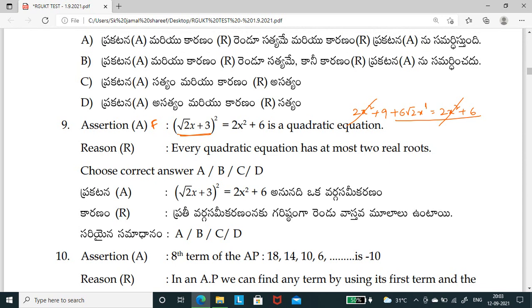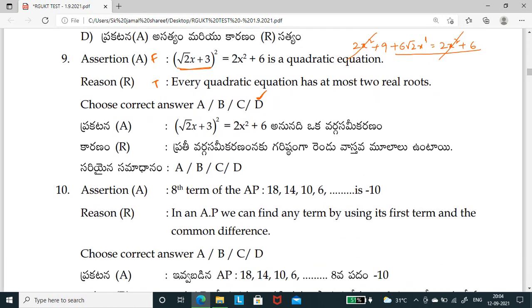So reason is correct, so this is true. So assertion is false, reason is true. That means option D will be the answer here. So it will have maximum two real roots. So it may not have two real roots, right? Those you will be getting in your higher classes.